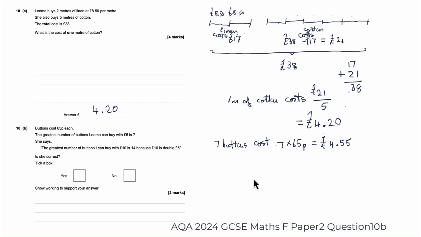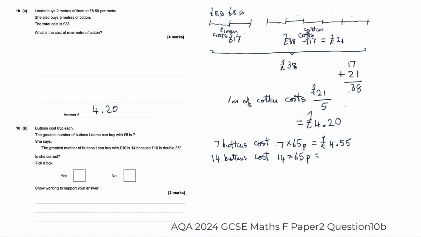So let's work out now 14 buttons and see if she's correct in what she says. So 14 buttons cost, now either you work out 14 lots of 65 pence, or because it's double the amount, you could double the £4.55.